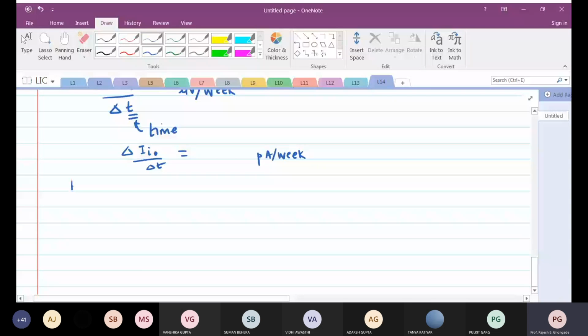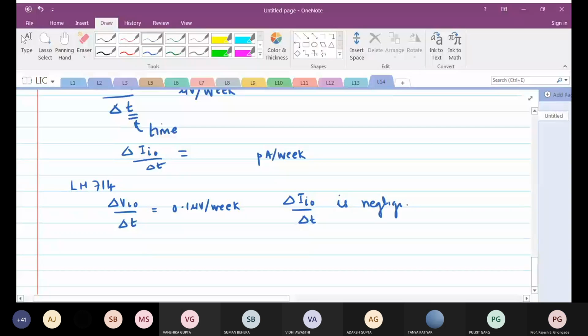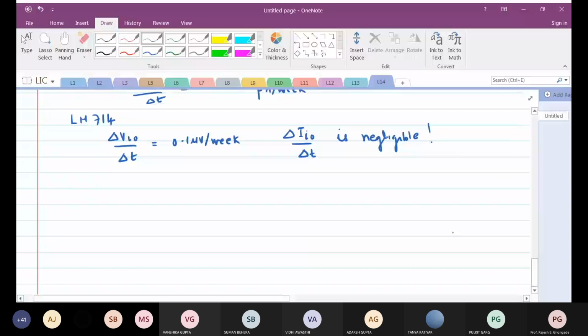So for LM714, delta VIO by delta T happens to be 0.1 microvolt per week typically, and delta IIO by delta T, they say, is negligible. So it cannot even be measured. So this is called stability, temperature stability.